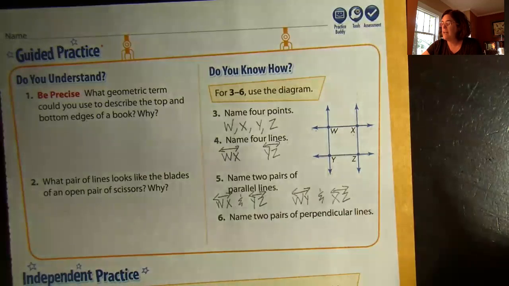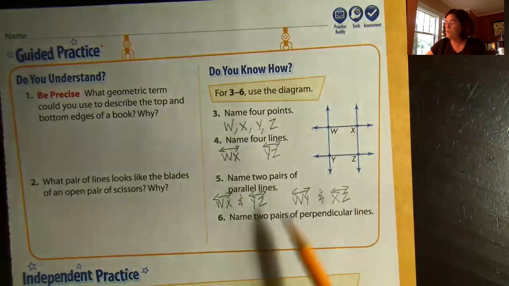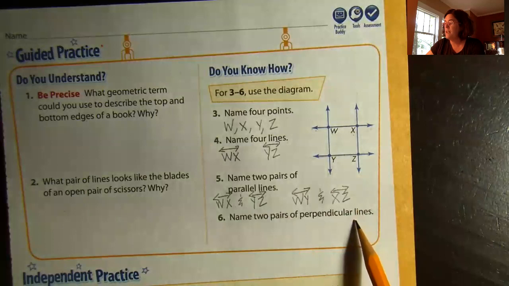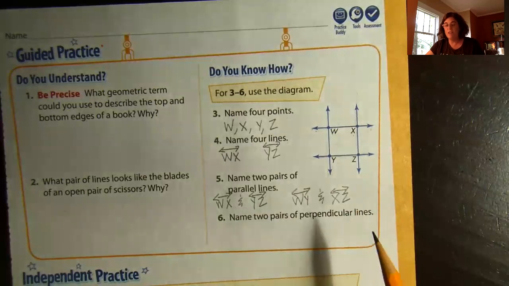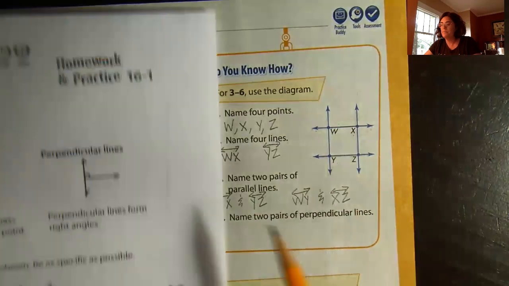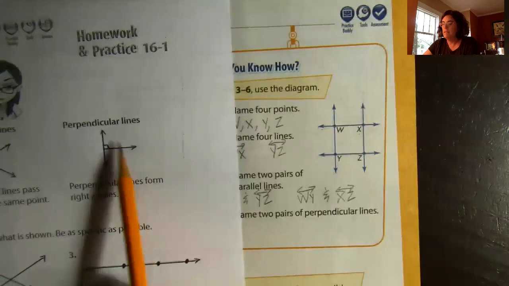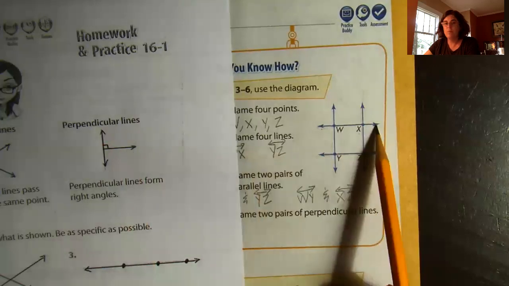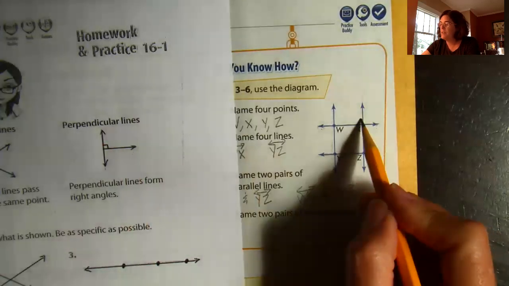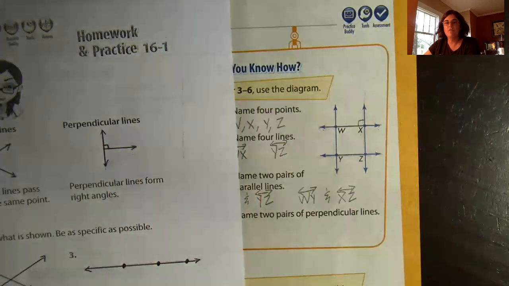All right, and then the last thing it asks us to do is to name 2 pairs of perpendicular lines. Now, I don't see any of those magic boxes on here, and I know that perpendicular lines make right angles, but if I look at my definition, I can see something that looks like a perpendicular line. And although it's not there, that looks like it forms a right angle.